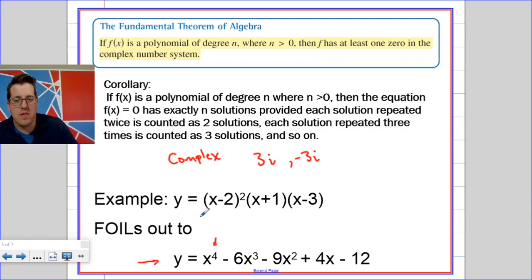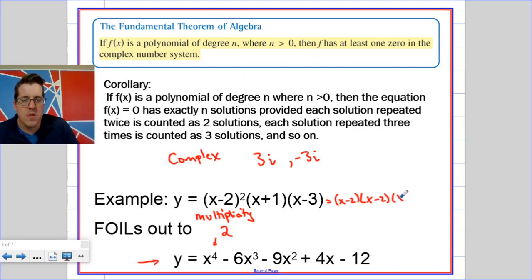So this has what's called multiplicity 2. So what is its multiplicity? Its multiplicity is 2, because if we wrote this out as all of the factors, we would have to write that twice. That's what that squared means.